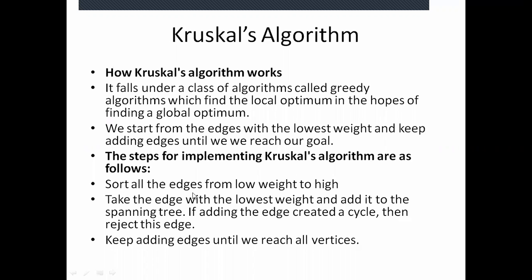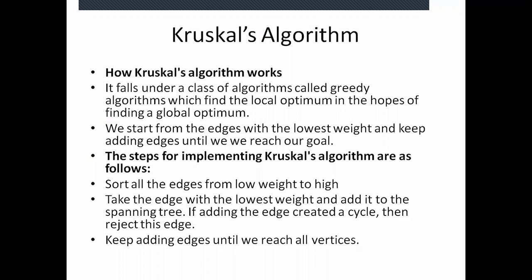The first thing in Kruskal's is that we need to sort all the edges from low weight to high, or you can say in increasing order of their weights. Then we will start taking the edges one by one and add them to the spanning tree. But when you are adding an edge to your spanning tree, if it is creating a cycle, then we will reject that edge, meaning we won't take that edge in our final spanning tree.